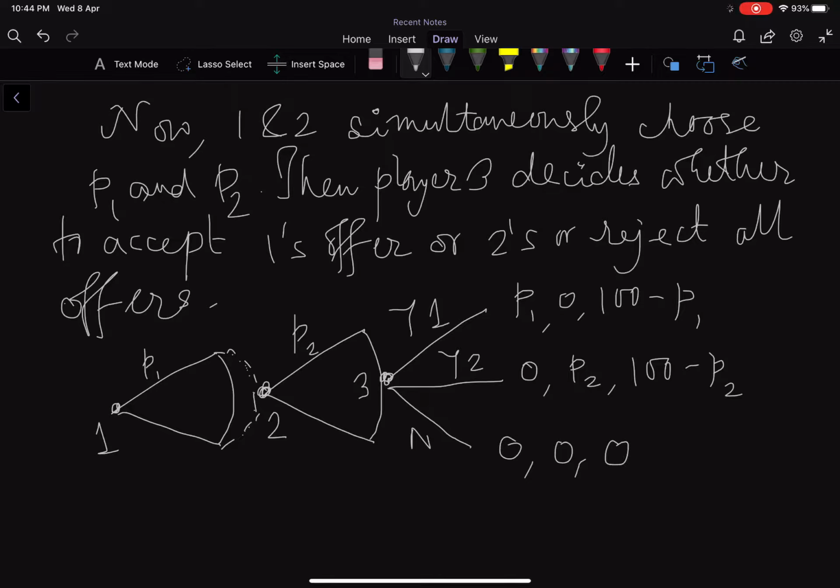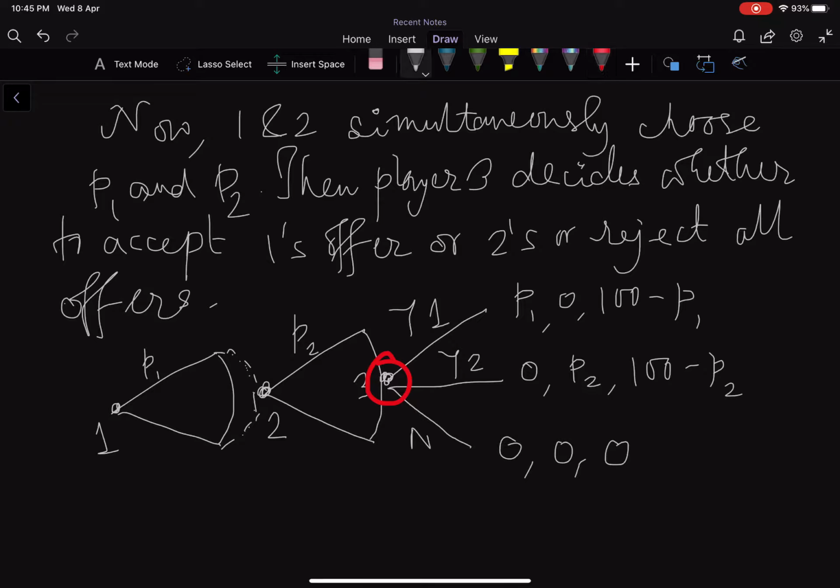Now, knowing this, let's try to see what will happen in the terminal node. In the terminal node, of course, player 3 is going to choose whichever action gives him a higher payoff. So if p1 is less than p2, then 100 minus p1 is bigger than 100 minus p2, right? So 3 will accept Y1.